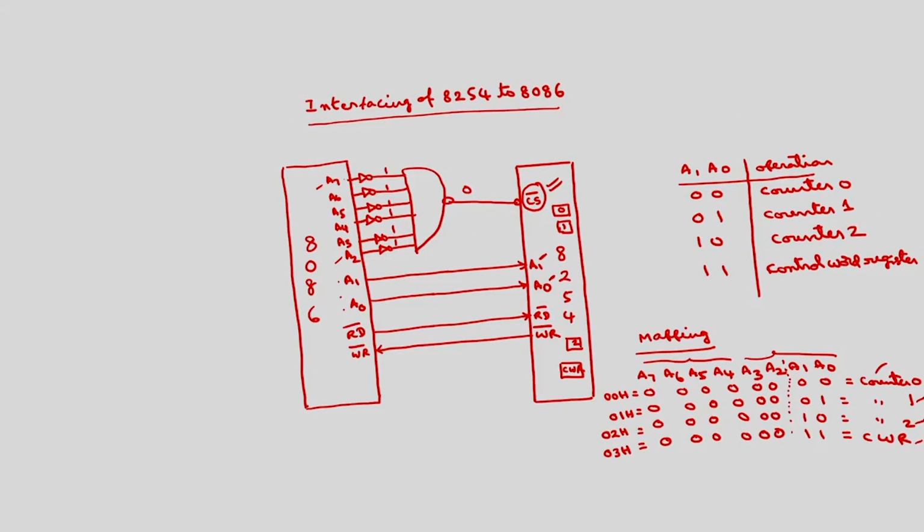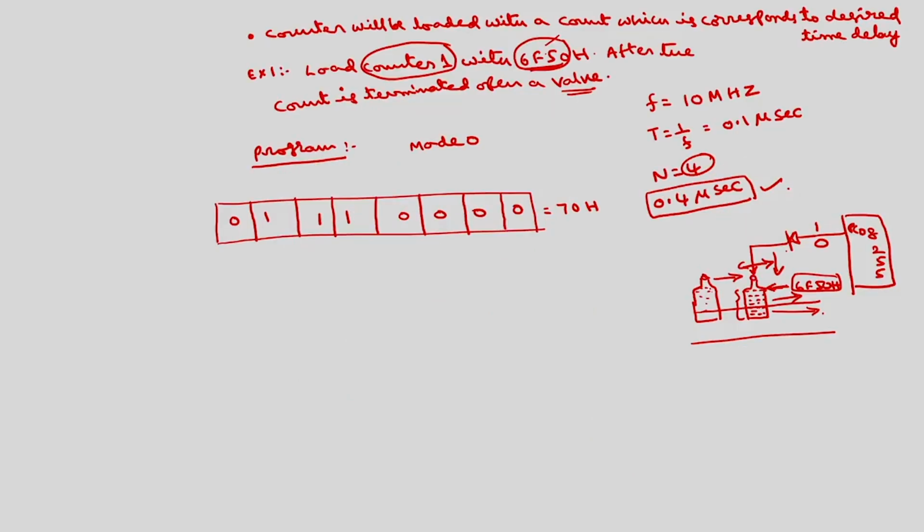And throughout these programs, I will assume the same addresses: 00H is counter 0 address, 01H is counter 1, 02H is counter 2, and control register is 03H. Because I am using counter 1 whose address is 01H, first of all we have to feed this 70H into control register.